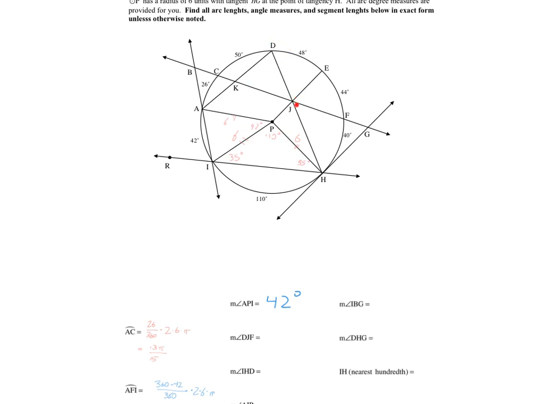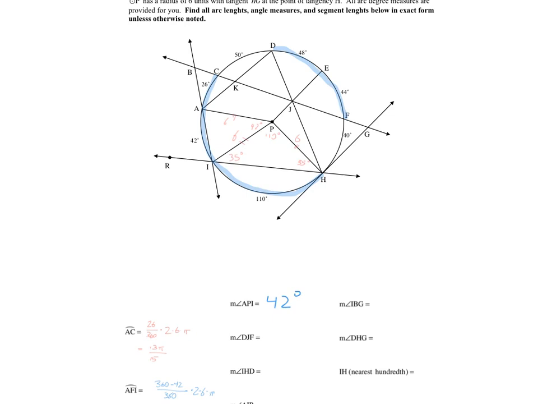DJF, so D, J, and F. This is not a central angle. This is not the center. So we have two arcs that we're focusing on here: this arc, and the other arc that DJF is vertical with. CIH is the other one.